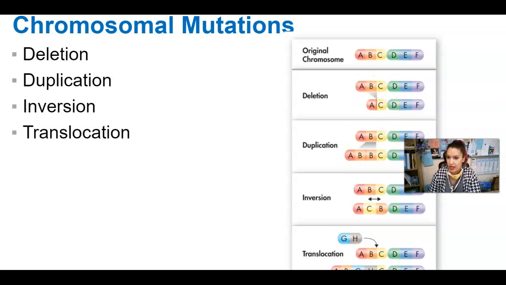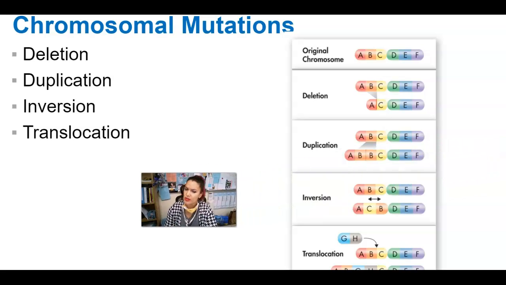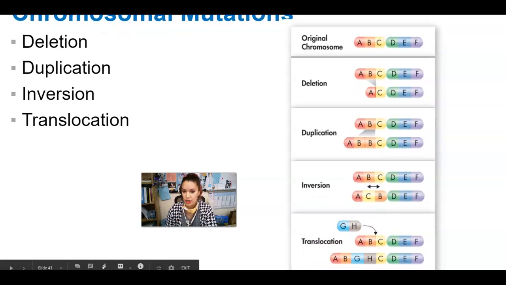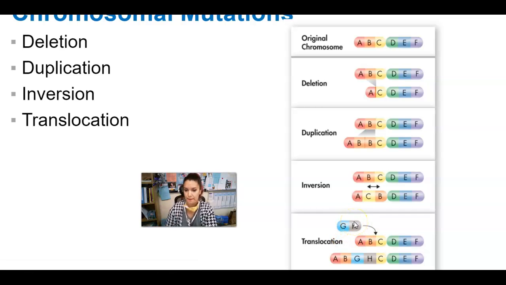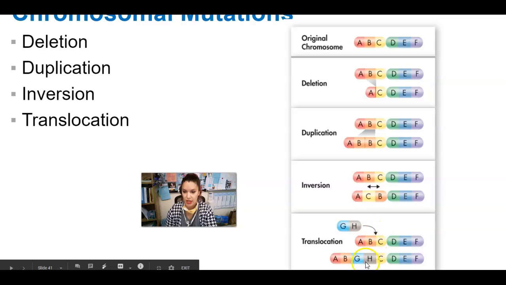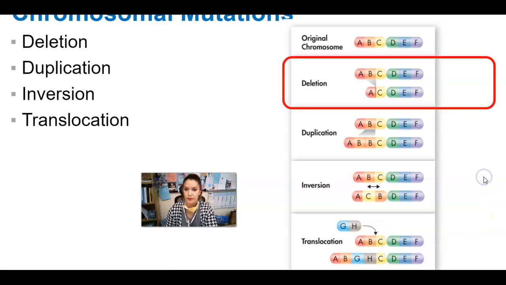It's pretty obvious. Duplication, all these words pretty much mean and do what you understand them to do. Duplicate. Inversion, a segment on the chromosome switches, and then translocation would be an extra piece of chromosome being put in. So this G and H gets translocated to here.